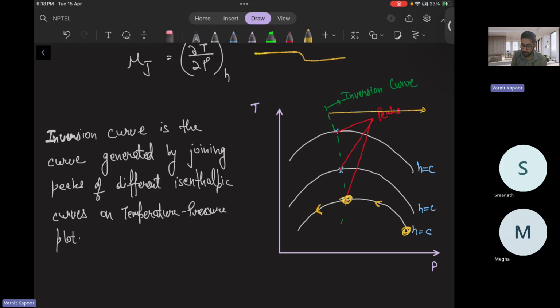Throttling is a process of passing through a restrictive passage, which maintains constant enthalpy. So here, due to that restriction, internal friction happens, because of which the temperature rises. So initially the temperature rises. So outside the inversion curve is called the heating zone.